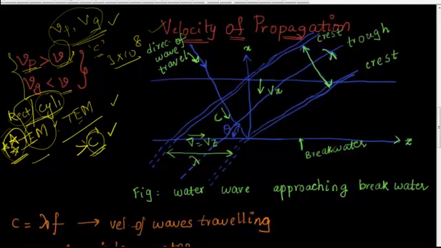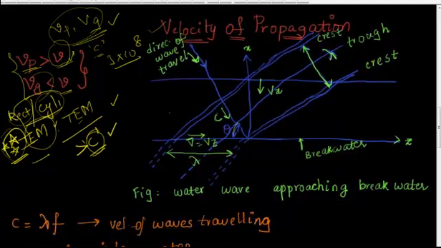And now in this particular topic, we are going to find out the relations between the phase velocity and group velocity. To derive the relation between both, consider a water wave approaching a seashore at an angle, say theta. This is our direction of wave travel.